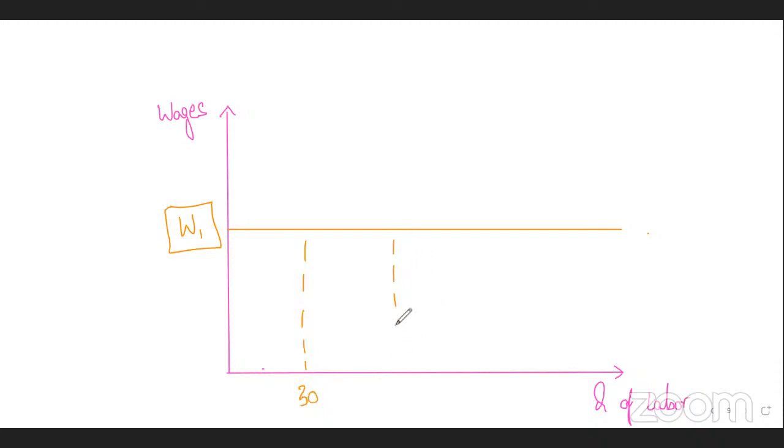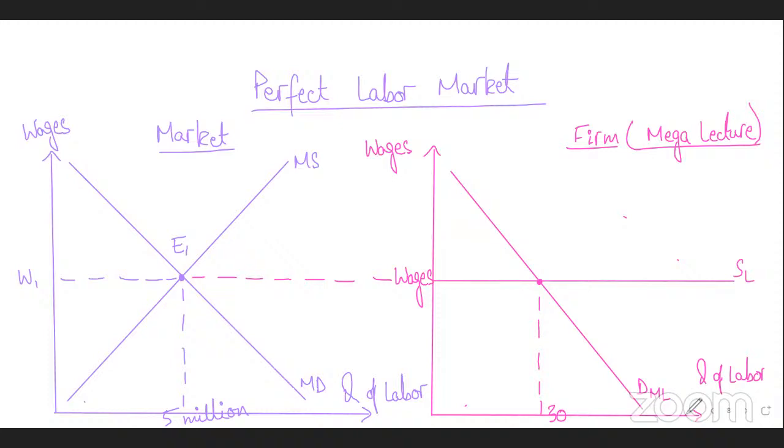Does this make sense, Preet? So if we are paying our workers this wage rate, which is determined by the market forces, so it's coming from the other graph as we saw, we can hire as many people as we want to, 50, 60, 30. But then obviously we need to look at how much is the demand, right? So if we have fewer students studying on Mega Lecture at the moment, then we don't need hundreds of teachers, right?